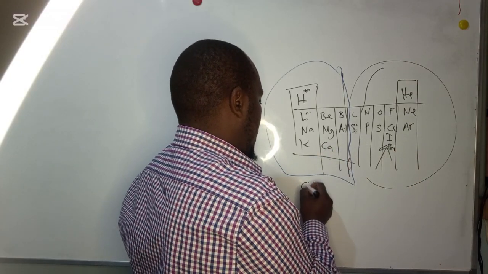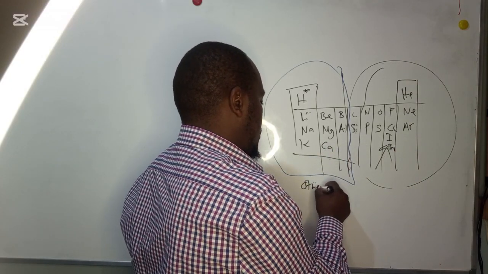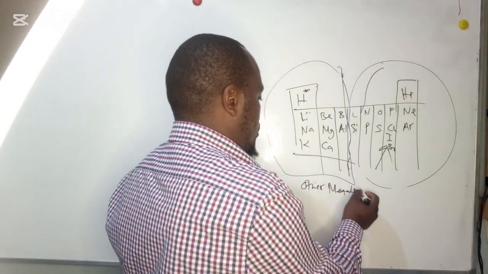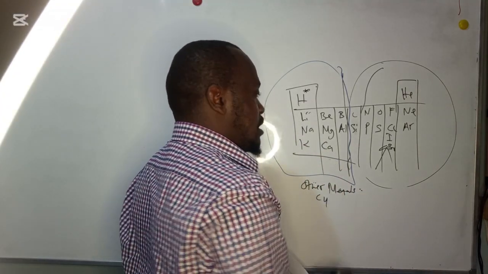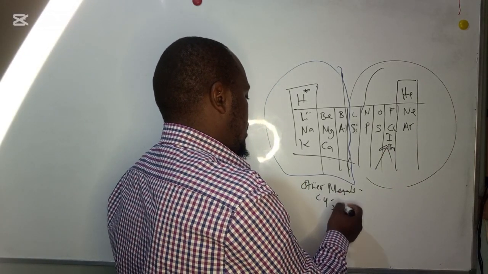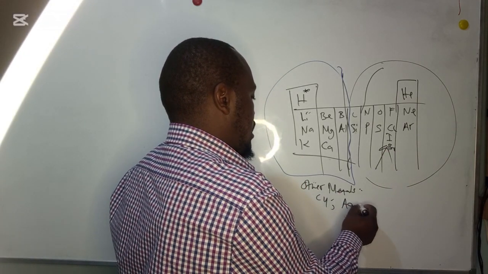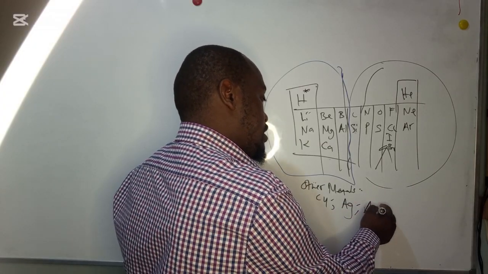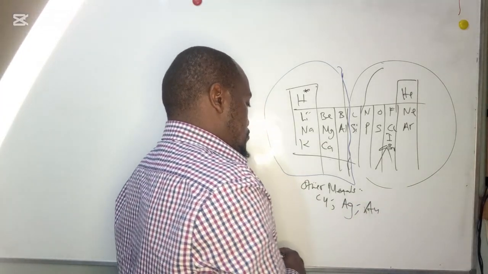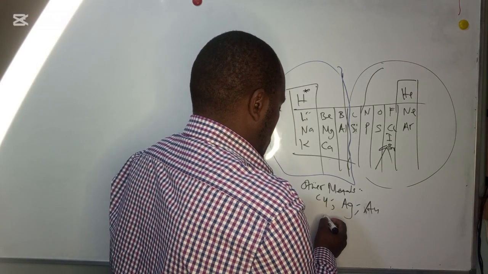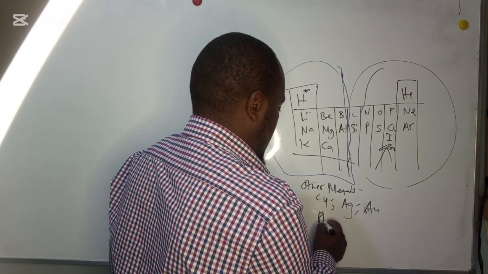Other metals that you could be asked, they will expect you to know, include copper. Actually, the other elements that we wrote apart from this, copper, silver, gold. Gold is a metal, a precious metal. We have lead.